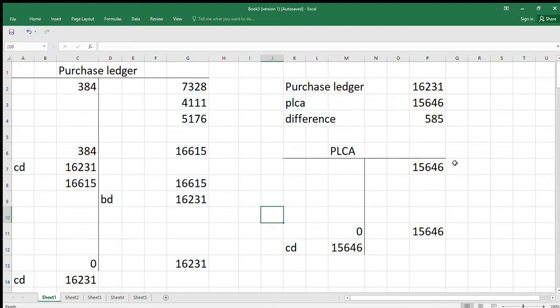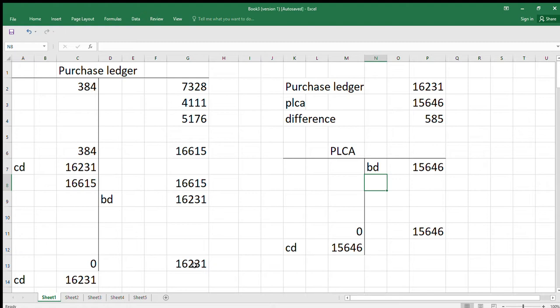Then we create another T account for the purchase ledger control account, and put our brought down figure in there. Then we're going to reverse out the journals that are said in each of the reasons. After we've reversed them out, we see if the purchase ledger control account agrees to the purchase ledger. If it does, that will be the right answer. If it doesn't, then it will be wrong.